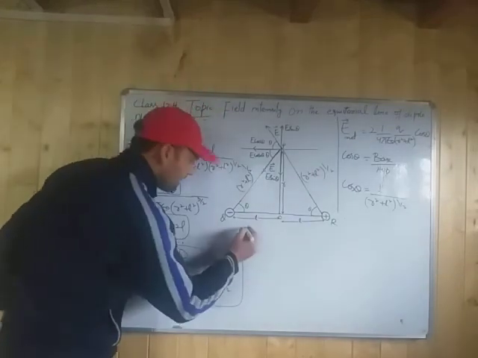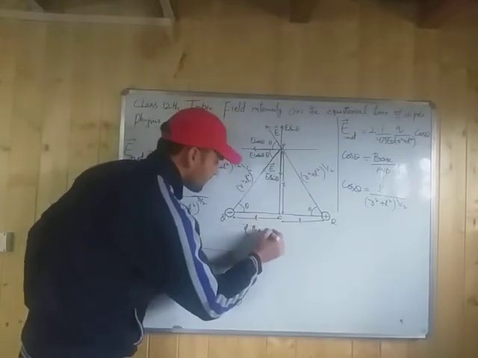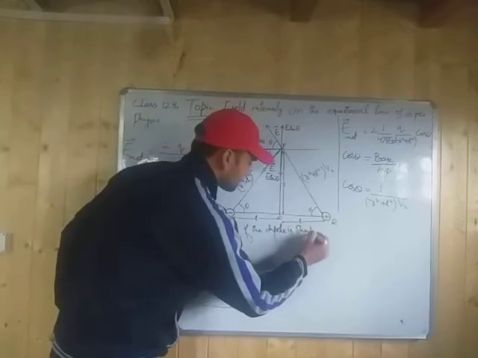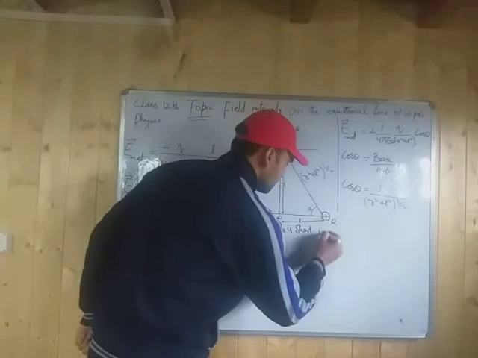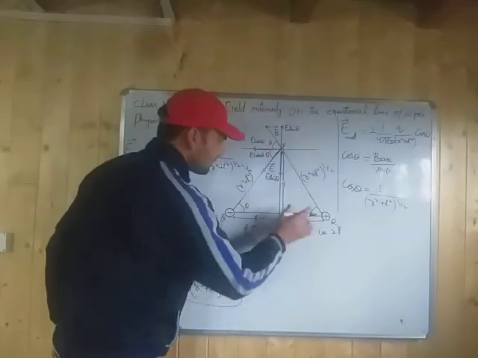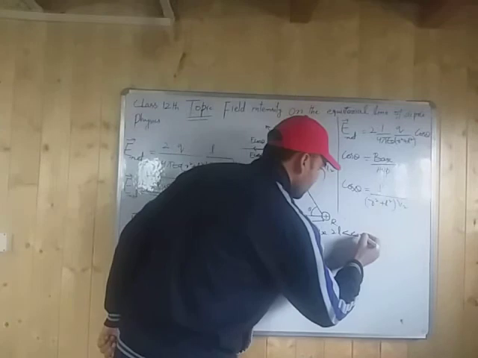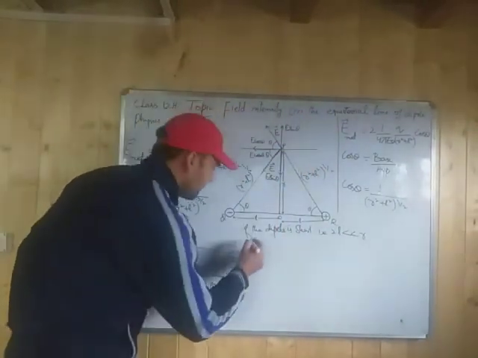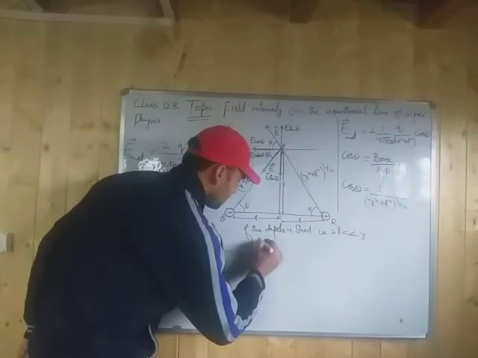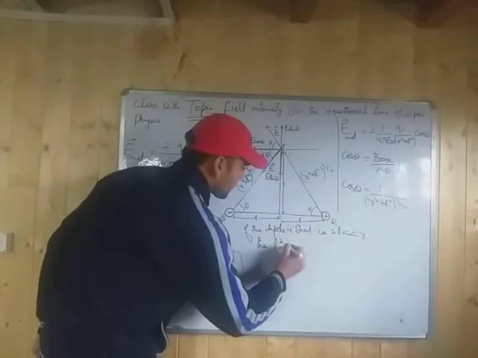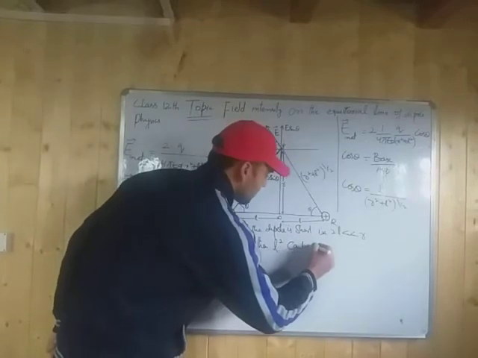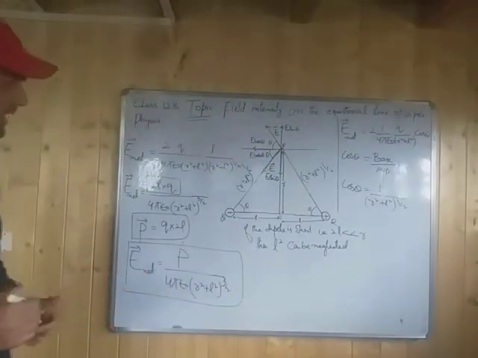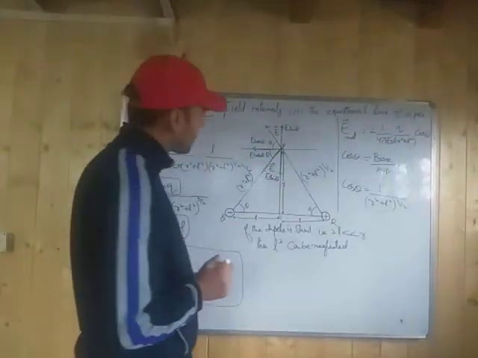If the dipole is short, that is, 2L is far less than R, the distance from the center of the dipole to this point P, then L square can be neglected.